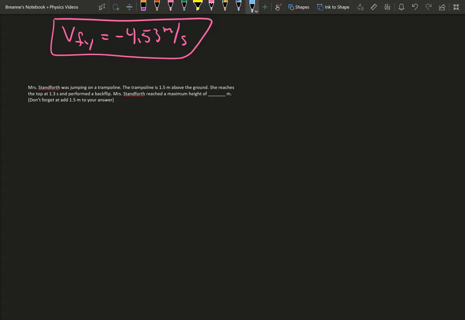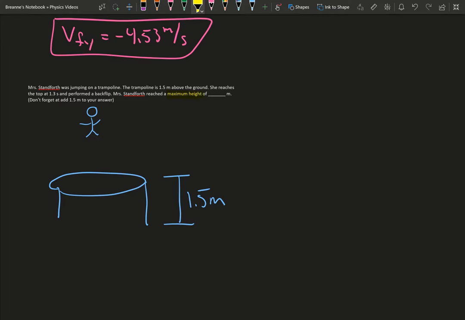So when in doubt, draw it out. So she's on a trampoline. And it says that the trampoline is 1.5 meters above the ground. Miss Stanforth jumps up. But we want to know the maximum height.